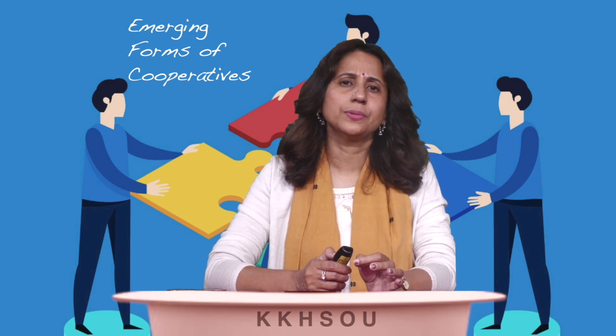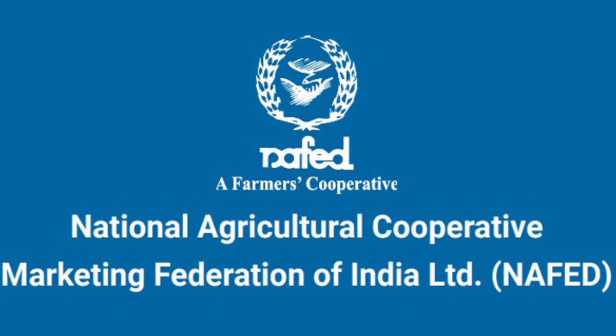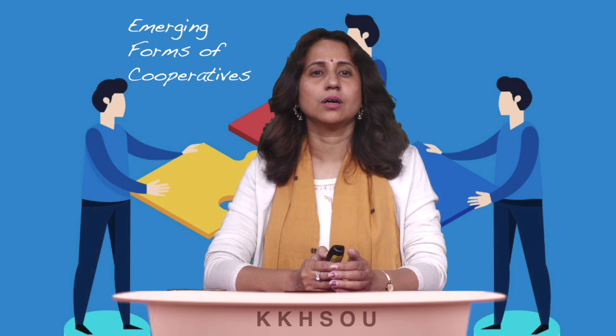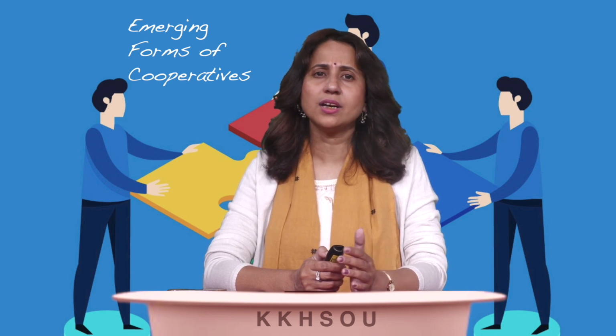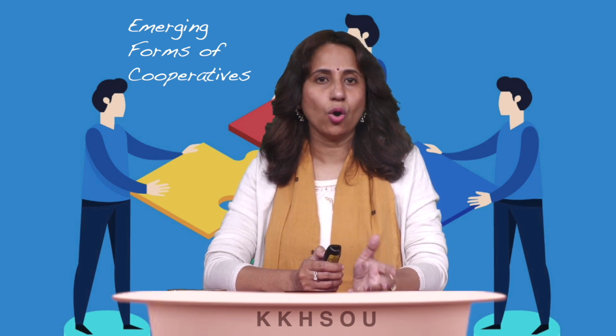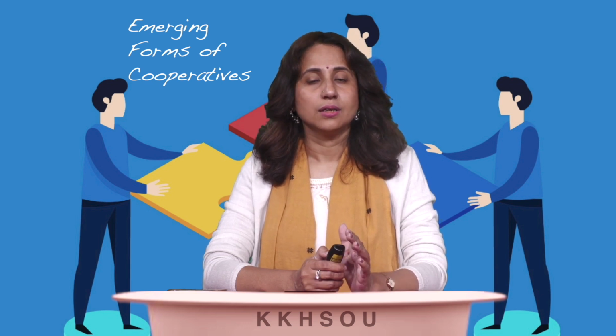Some notable examples of successful marketing cooperatives include the National Agricultural Cooperative Marketing Federation (NAFED), which operates at the national level, procuring and marketing various agricultural commodities, and state level federations like HOPCOMS in Karnataka and Markfed in several states.